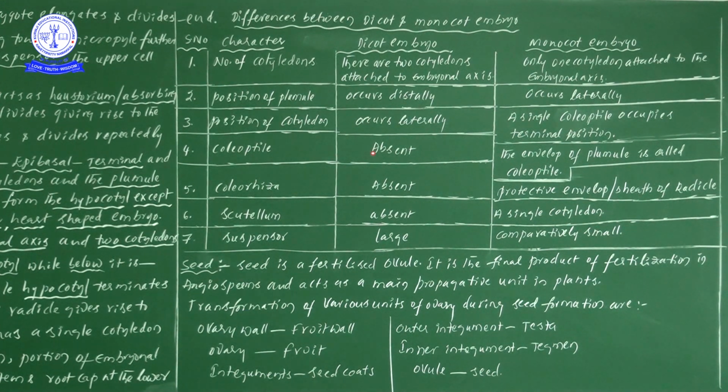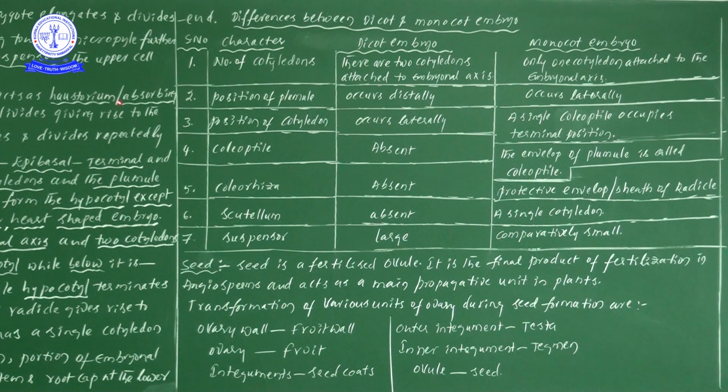Next one, coleoptile: is it present or absent? In a dicot embryo, coleoptile is absent. Next, coleorhiza is also absent. Next, scutellum is also absent. Next, the suspensor: a large suspensor is present in a dicot embryo.